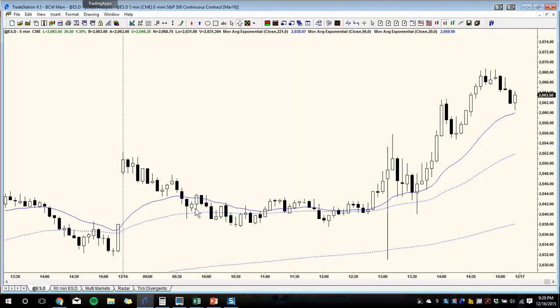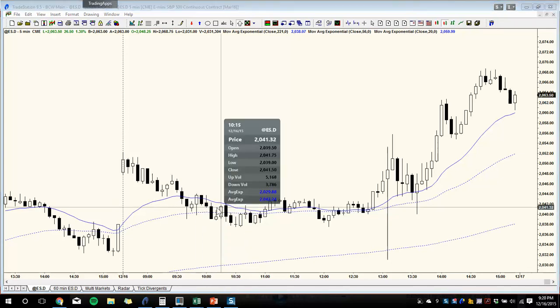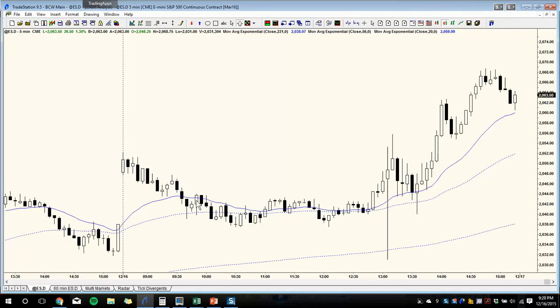They never got it. Here, we tried to break below the wedge, couldn't really do it. Turned up, same thing. You can see sellers are selling up here, scalping out. So sell here, scalp out. Here's a low 2 at the moving average, low 1, low 2.